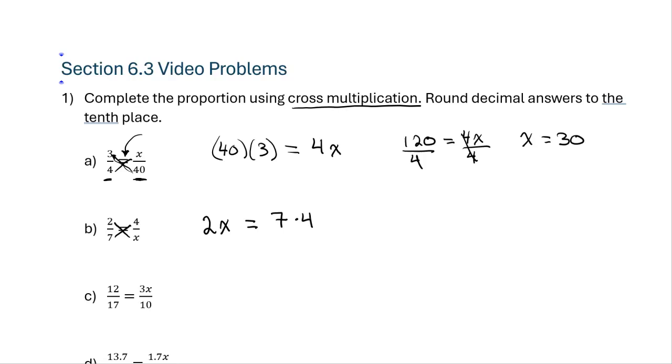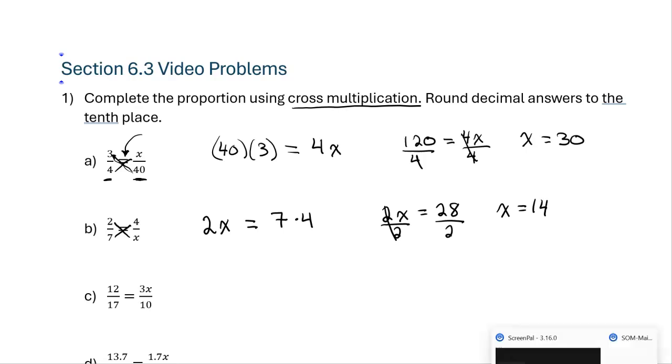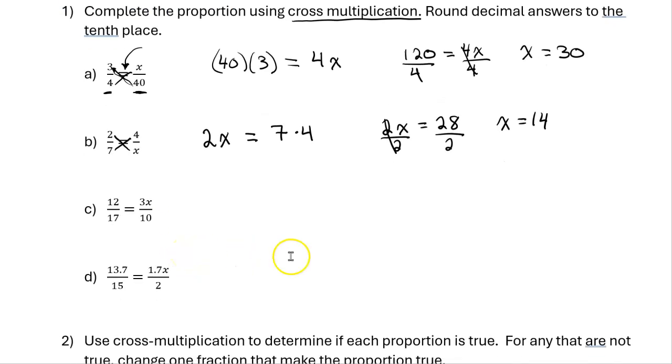Remember, the commutative property of multiplication allows you to change the order on that without changing the value. So we get 2x equals 28, divide by 2, and x equals 14.